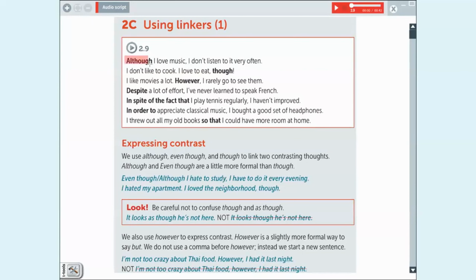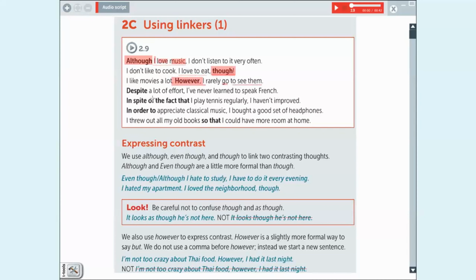We use although, though, but what is the difference? Although can be found at the beginning with a clause: subject, verb, and complementary information. Though can be found in the end, but again, after a clause. However has the characteristic of including a period and then the comma, but again, subject, verb, and complementary information.